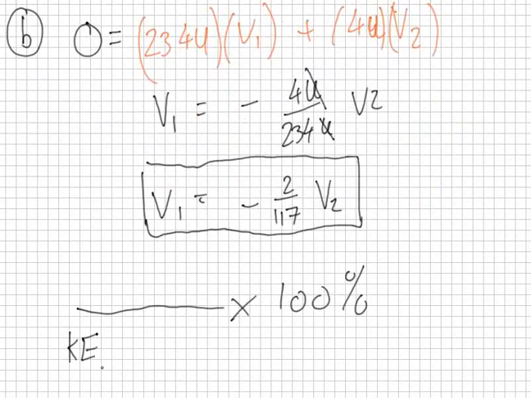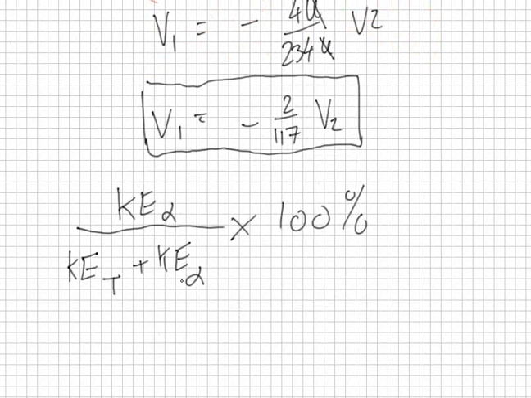So that's the kinetic energy of the thorium plus the kinetic energy of the alpha, and on top goes the kinetic energy of the alpha, because they want it as the percentage of the alpha. We're trying to get to 98.